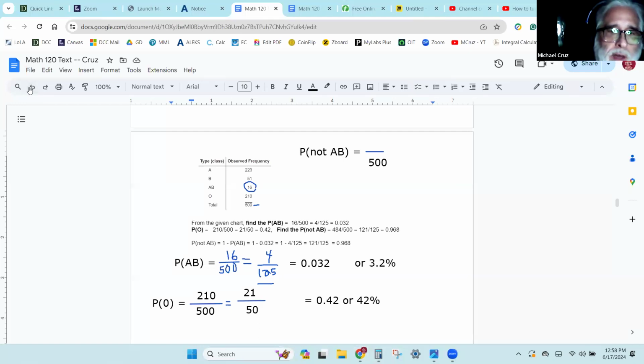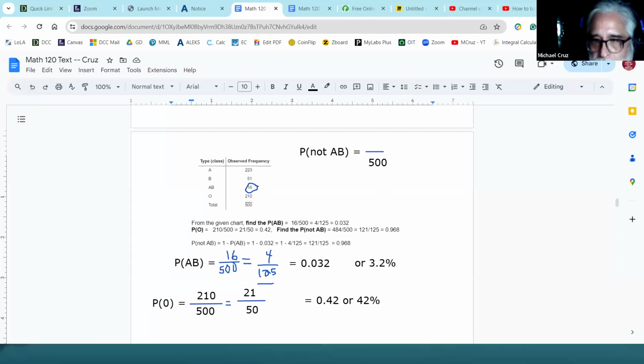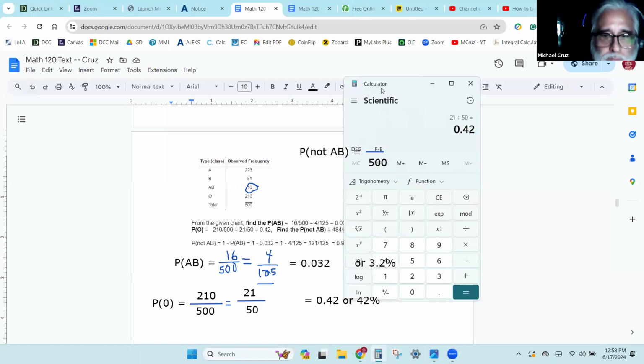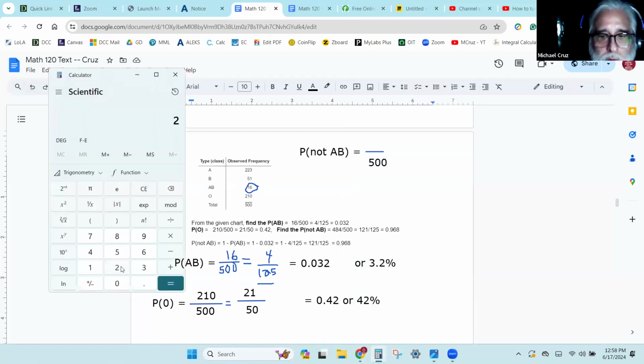Now, the ones that are not AB, okay, so here's the AB ones. I'm going to just add up all of those that are not AB. So we can always do this: 223 plus 51 plus 210, so that's 484.